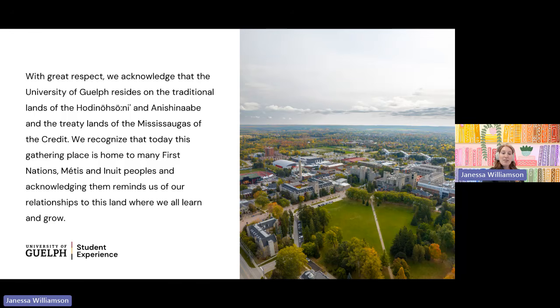This gathering place is home to many First Nations, Métis, and Inuit people, and acknowledging them reminds us of the relationship that we have to this land where we all learn and grow. If you're joining us from outside of Guelph, you can check out the Native Land website where you can find out about the traditional peoples who reside on your territory.